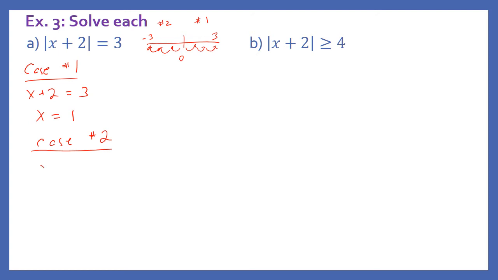So x plus 2 equals negative 3. Bring over the 2, it becomes negative 2. Negative 3 minus 2 is negative 5. So this has two solutions. x can be 1 or x can be negative 5.